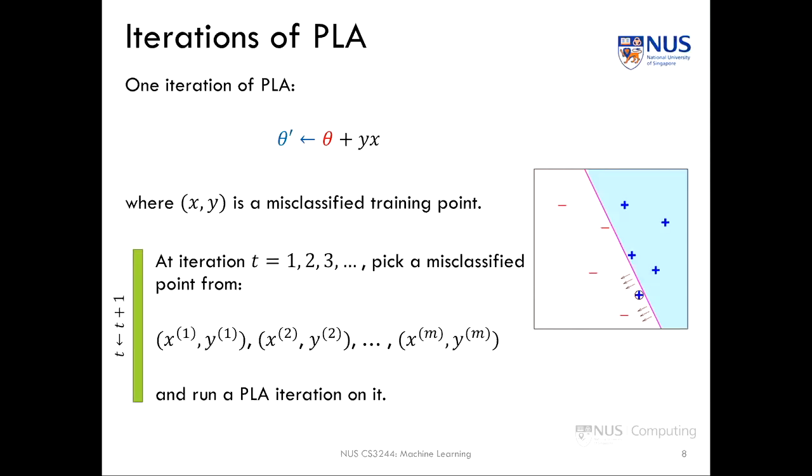To sum up, PLA executes learning by doing an iterative process where it updates its weight vector from theta to theta prime by looking at a misclassified example and then updating the weight by taking the input vector and multiplying it by its actual classification.